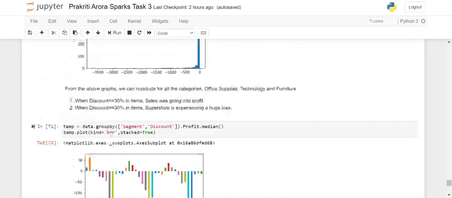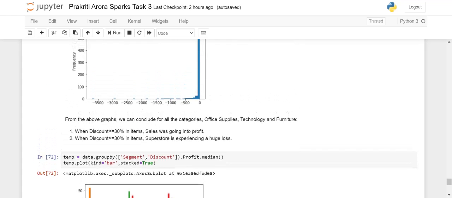As we mentioned earlier, we can also conclude from this exploratory data analysis that when the discount is less than 30% on items, sales were going into profit, and when the discount was greater than 30% on items, the superstore is experiencing a huge loss. So we had to find out the weak areas where work can be done to make more profit.